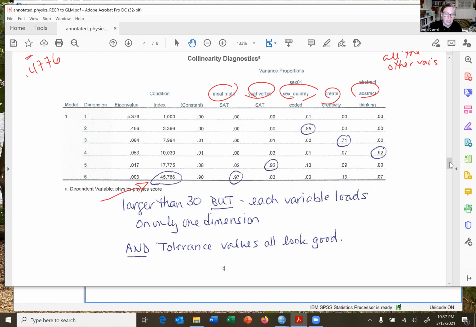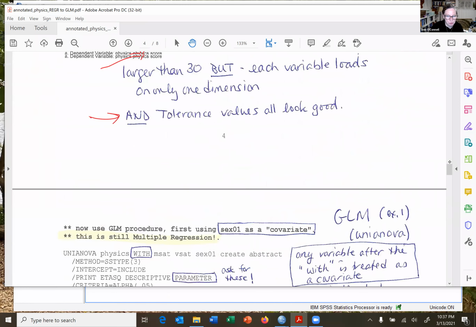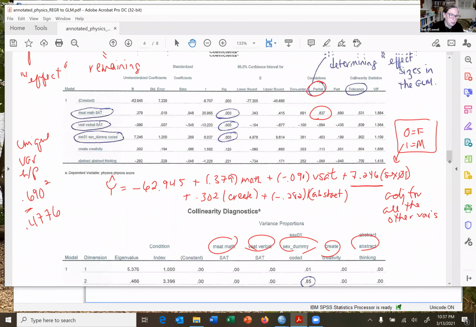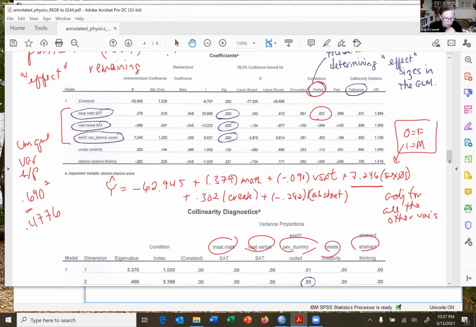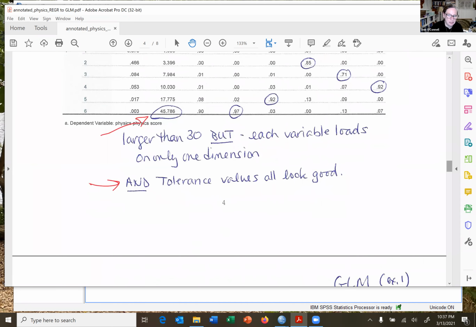Recall that our diagnostic here is that if the condition index is greater than 30 and 2 or more of the variables load on the same dimension, that could indicate a problem with multicollinearity. We don't have that situation here. In addition, all of our tolerance values look very good. To summarize, looking back at the coefficients table, we have 3 variables that are significant in this model and 2 that are not. And math seems to explain the largest proportion of variance in the dependent variable.